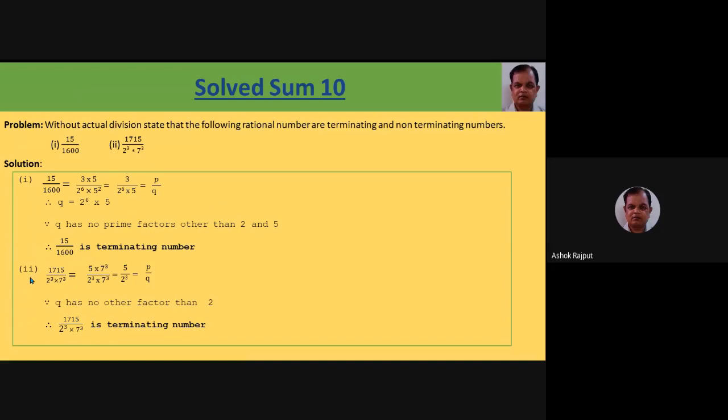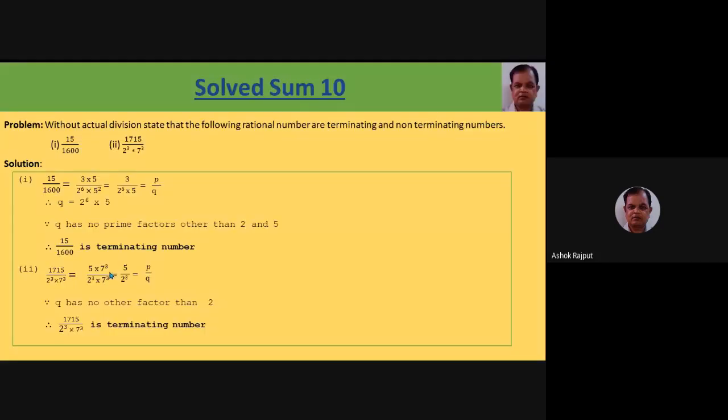So we are going to the next part. Here we are seeing 1715 by 2 raised to the power 3 into 7 raised to the power 3. Then first we factorize. So we find the factors 5 into 7 raised to the power 3 by 2 raised to the power 3 into 7 raised to the power 3.